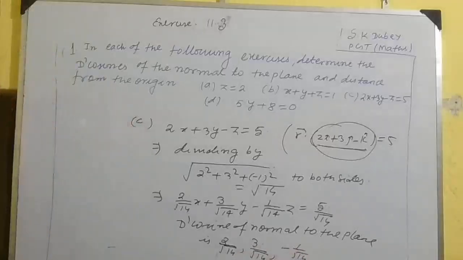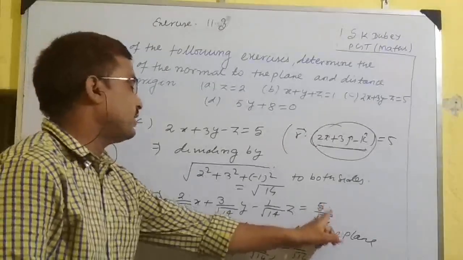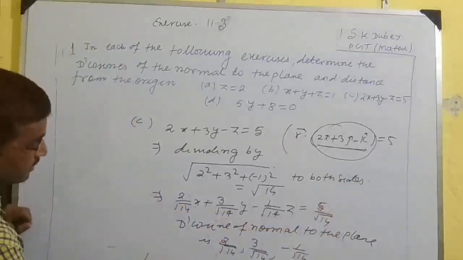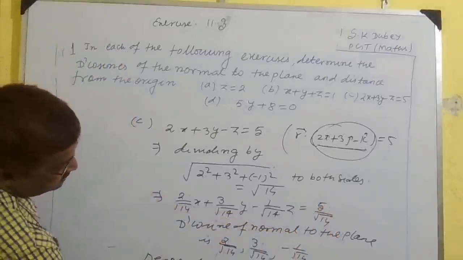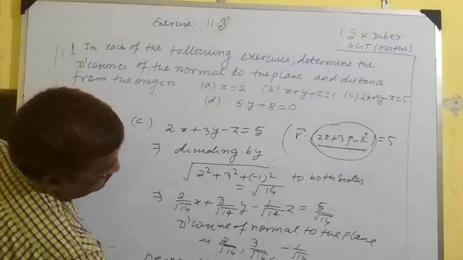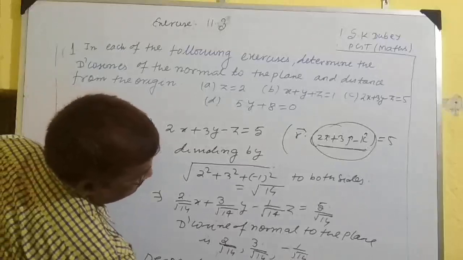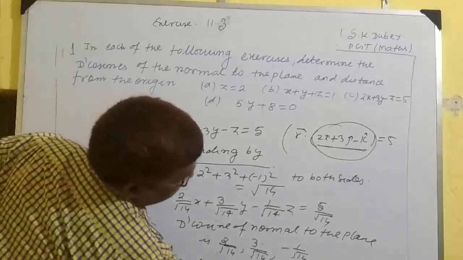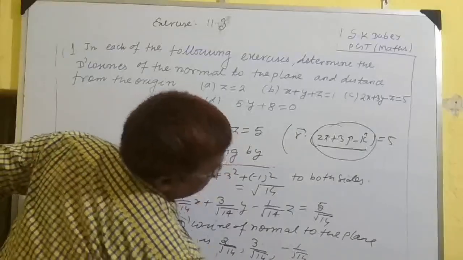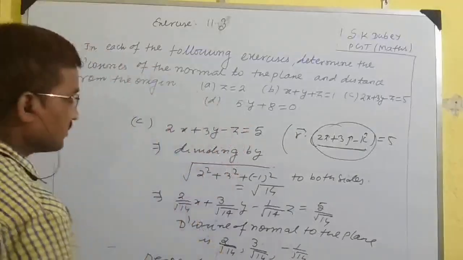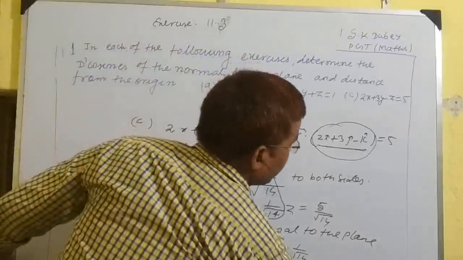And perpendicular distance from origin is 5 by root 14.